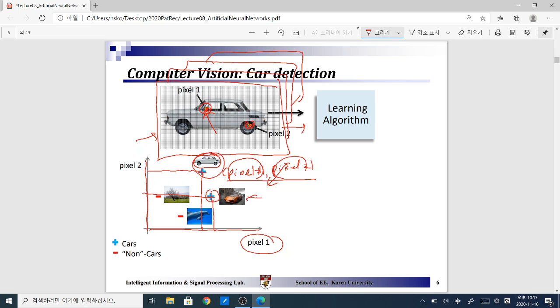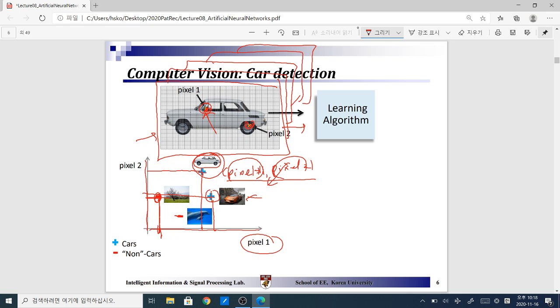And similarly, we can have, once again, other samples. Those are the samples that do not contain a car, specifically located here for pixel 1 value and pixel 2 value being here, so that the location of the negative sample is here and another one being here.